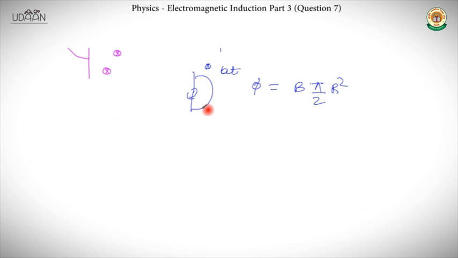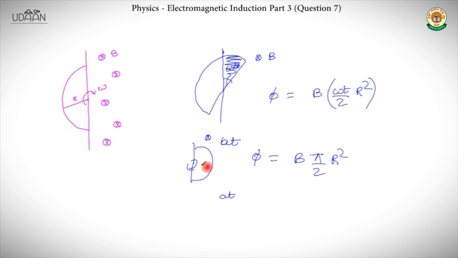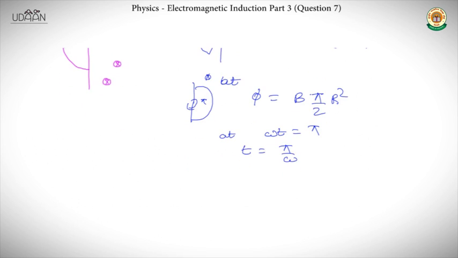So here this angle is pi. At the time when omega t equals pi, that is, at time t equal to pi by omega, the flux in the disk would be maximum. After time t equal to pi by omega, the flux would be decreasing.